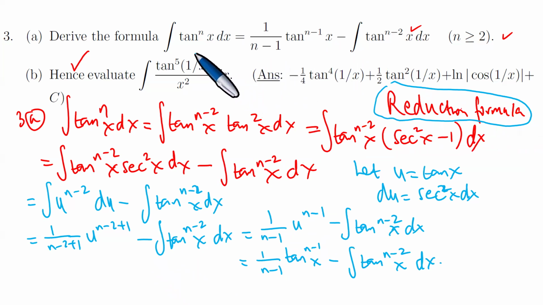So the integral of tangent to the nth power of x dx is 1 over n minus 1 tangent to the n minus 1 of x, minus the integral of tangent to the power n minus 2 of x dx. Note that one and make sure you understand it.